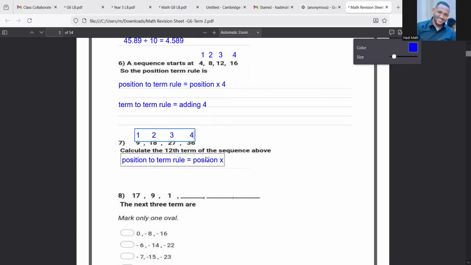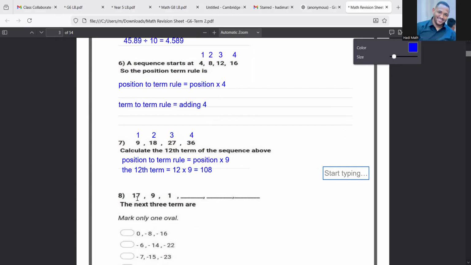And see what you do every time. 1 multiply 9 gives us 9. 2 multiply 9 gives us 18. 3 multiply 9 gives us 27. So the position to term rule is multiply by 9. They ask you for the 12th term, which equals 12 multiply 9. That equals 108.